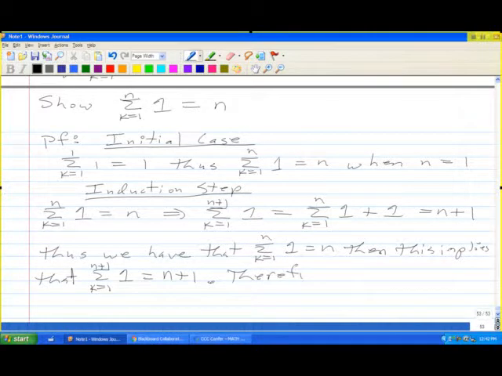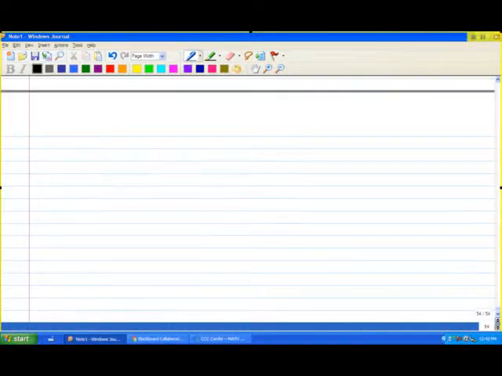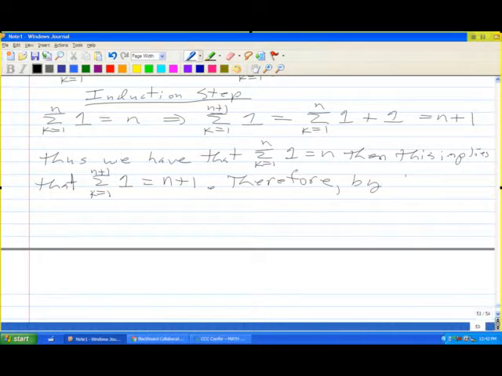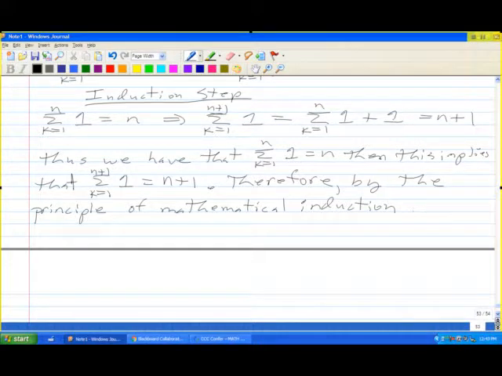Therefore, by the principle of mathematical induction, the summation k equal 1 to n of 1 is equal to n for all natural numbers n. And so I am done. Okay.